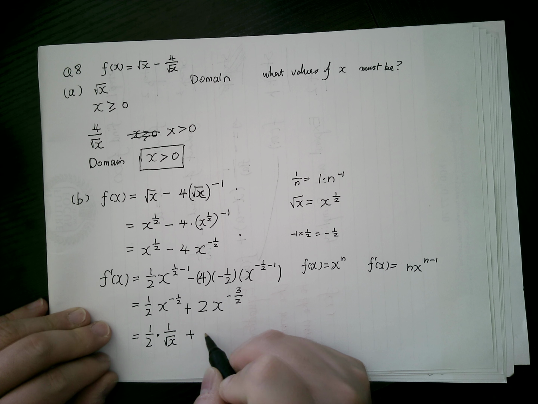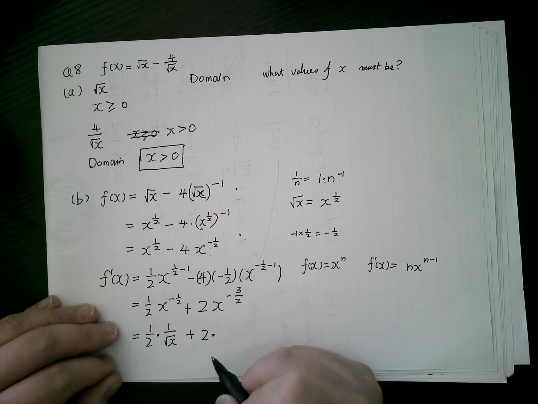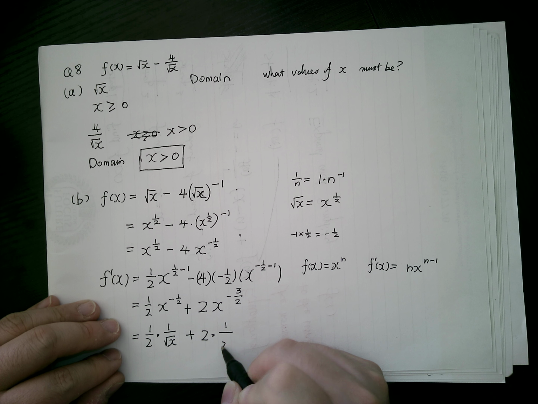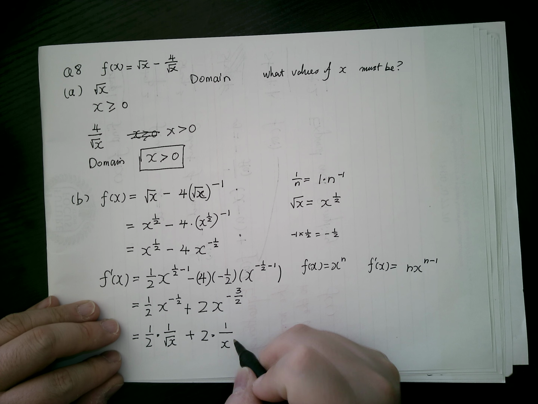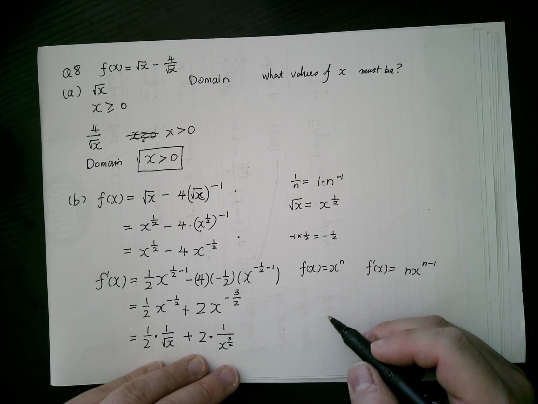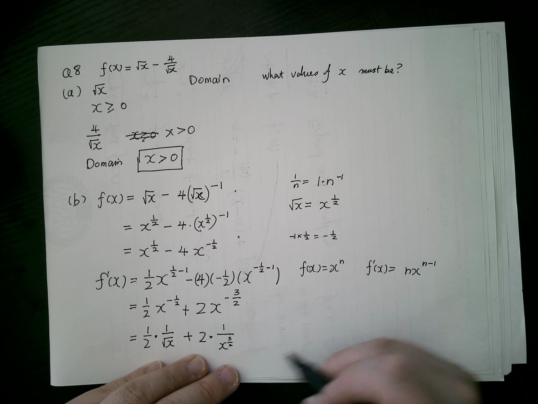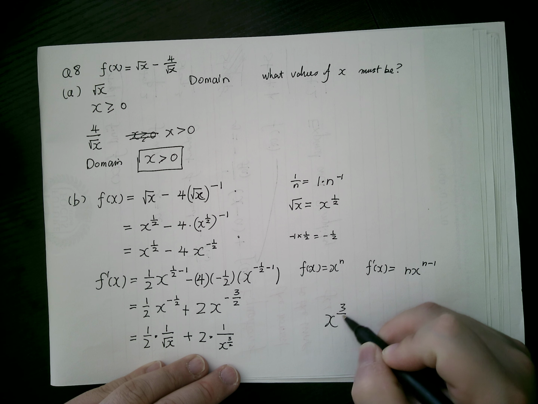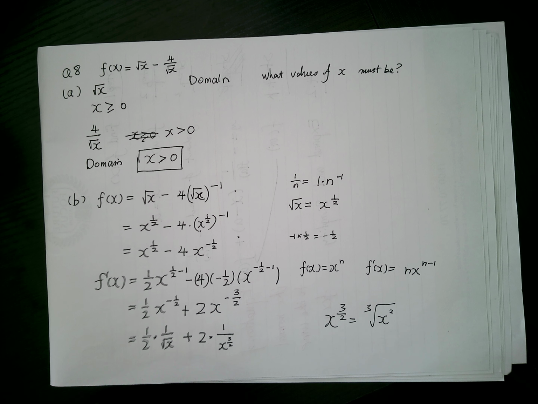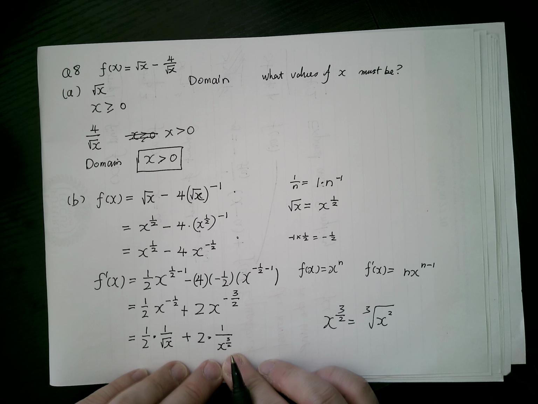Plus 2 times, this is where it gets interesting, 1 over x to the power of 3 over 2. I'll just write it like that. I'm not going to bother to write it in another form. I'm just going to leave it as it is.